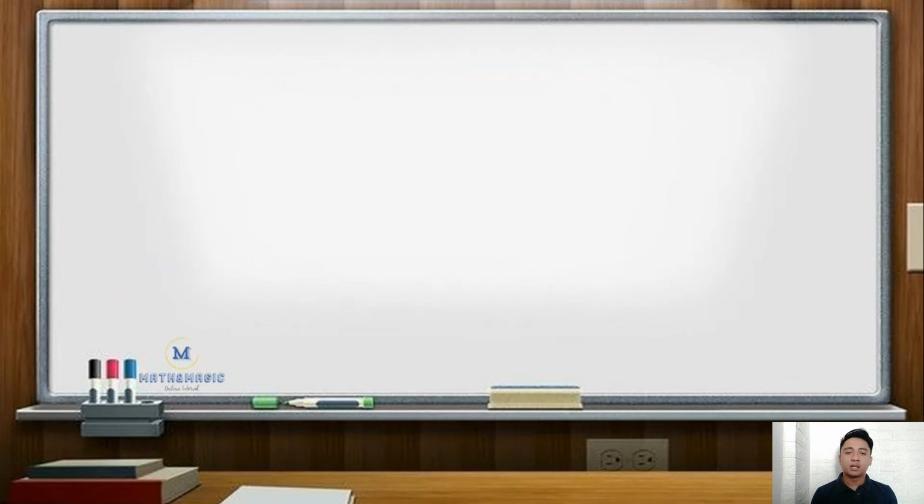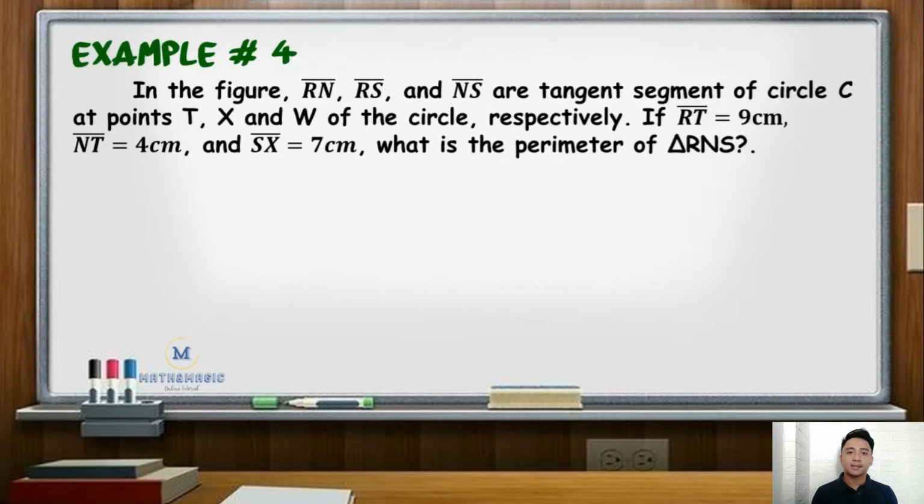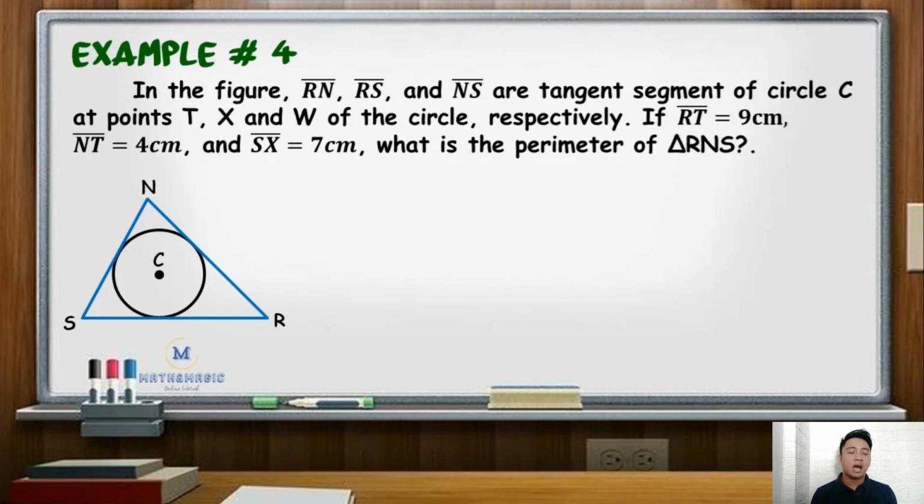In the figure, RN, RS, and NS are tangent segments of circle C at points T, X, and W of the circle respectively. If segment RT is 9 cm, segment NT is 4 cm, and segment SX is 7 cm, what is the perimeter of triangle RNS?